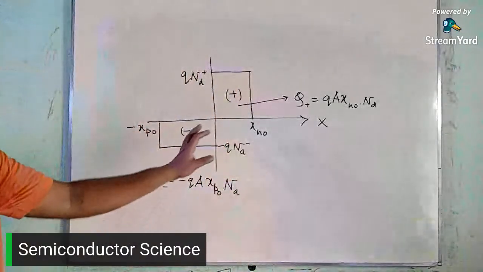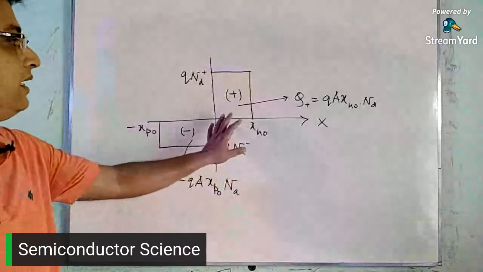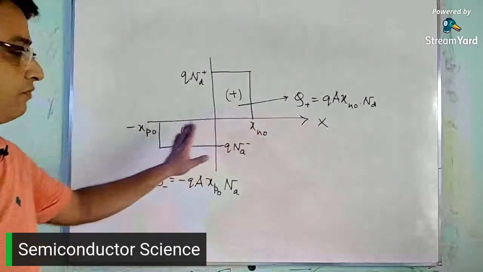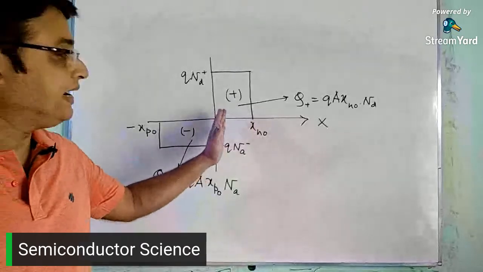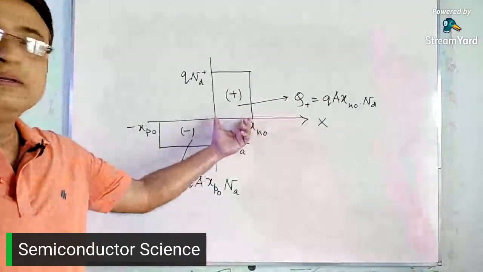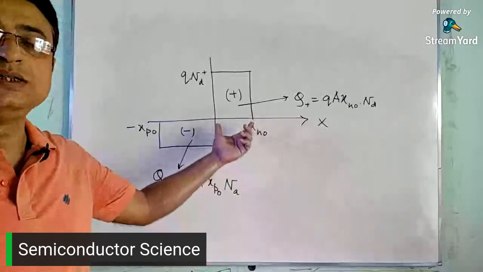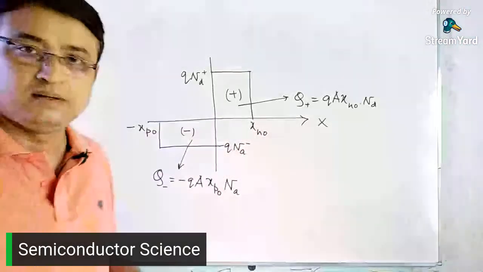when I have drawn this picture, intentionally I have drawn different widths of the depletion layer. That is, the depletion layer width on the n-type side is not equal to the width on the p-type side.